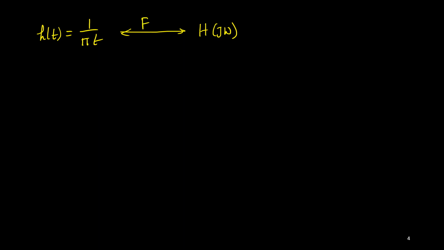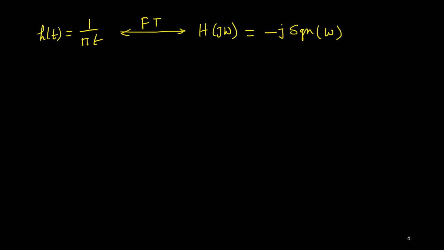The Fourier transform of this signal we can compute as minus j signum of omega. The j omega, j we can omit, you can write only omega, because the signum function is a real function, it is only omega.